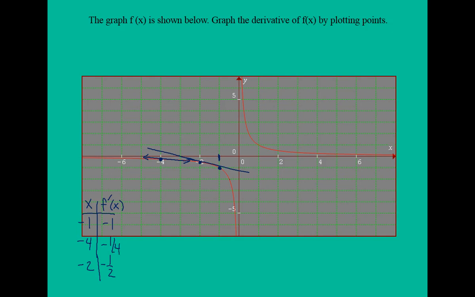Then as we got over in this area, slope of the tangent line, again, we would estimate we're going down 1, 2, 3, 4, and over 1. So we may say the slope of the tangent line when x equals -1/2 is approximately -4. So we would plot a point at, here's -1/2, so we'd plot a point down here at -4.